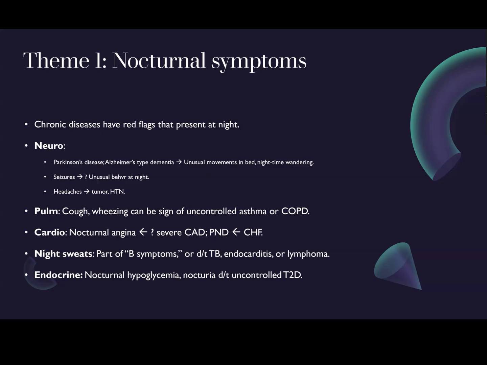Patients at night might present with symptoms that are indicative of a neurological disorder, not necessarily a primary insomnia or something else, where there's unusual movements in the bed, there's nighttime wandering, there's unusual behaviors that predispose them to injury at night.